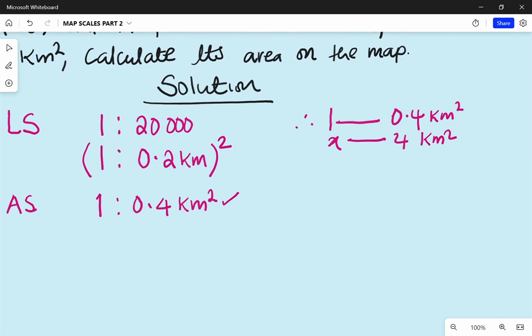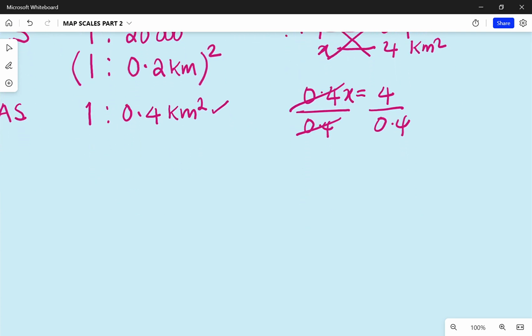So I'll simply say 0.4x is going to give me 4. Divide by 0.4 both sides, and that and that will go.